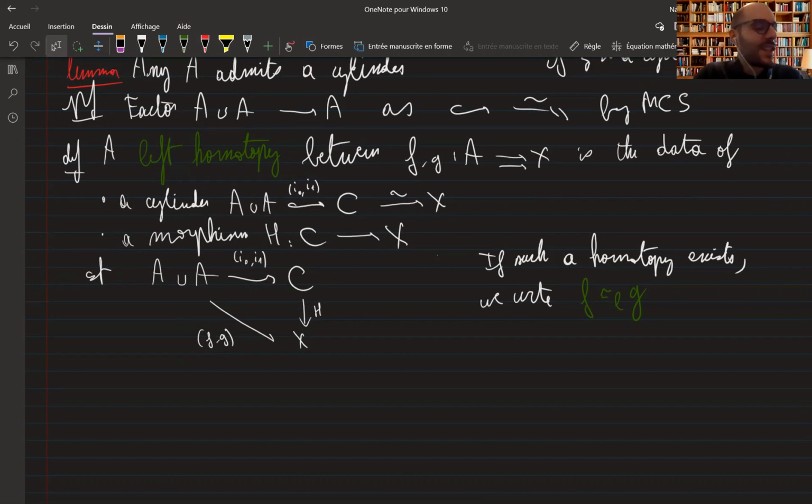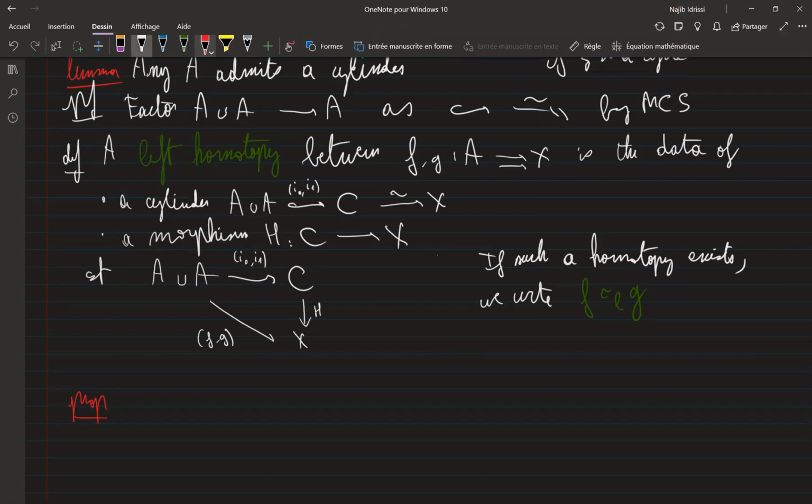Actually, you can already guess what a right homotopy is. It is a left homotopy in the dual category, in the opposite category, right? So if you want to get me trying to define it, anyway, but we are going to do it properly later.